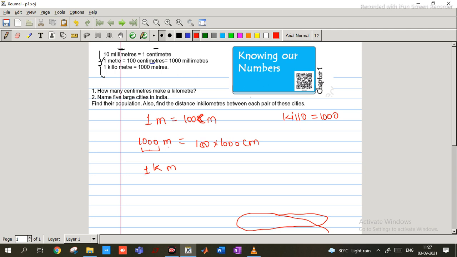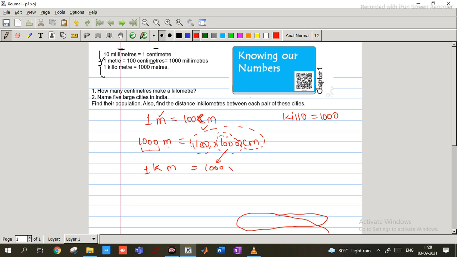So then I can say 1 kilometer is equal to these many centimeters. And as I've already told you, 1 meter is equal to 100 centimeter, so let's say this 100 centimeter is actually a meter.